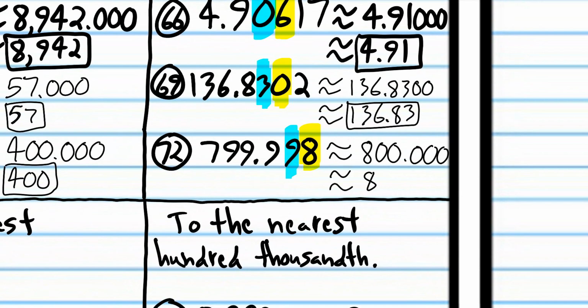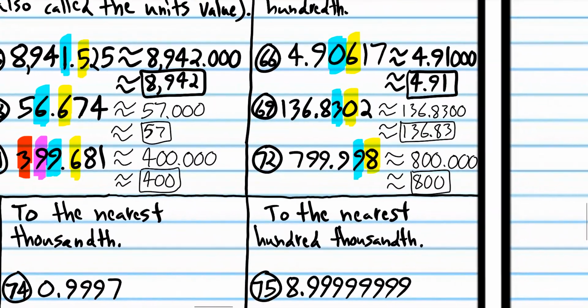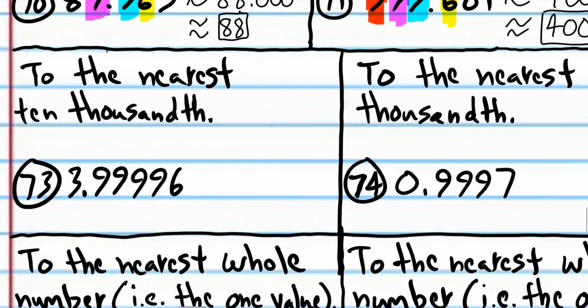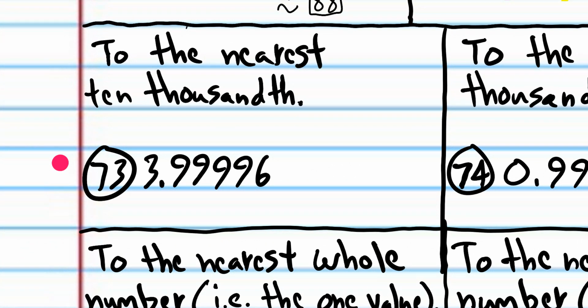But we don't have to write these zeros to the right of the decimal because they're ending 0. So if you got 800, good job. This problem is pretty much the same situation. It's really no different. So why don't you try number 73, and when you come back, we'll do it together.